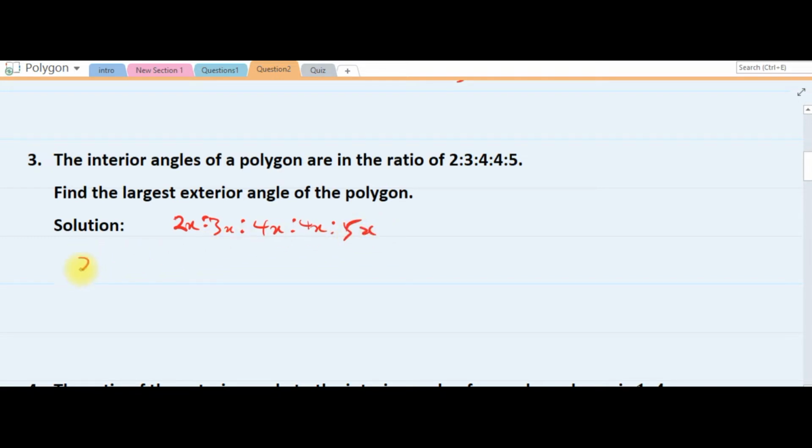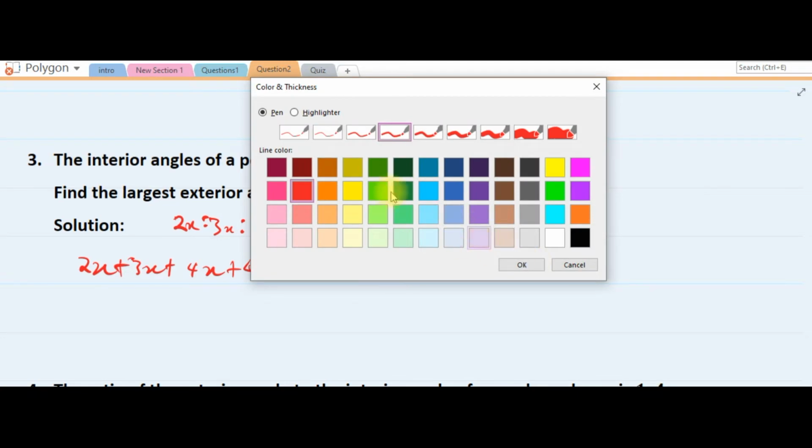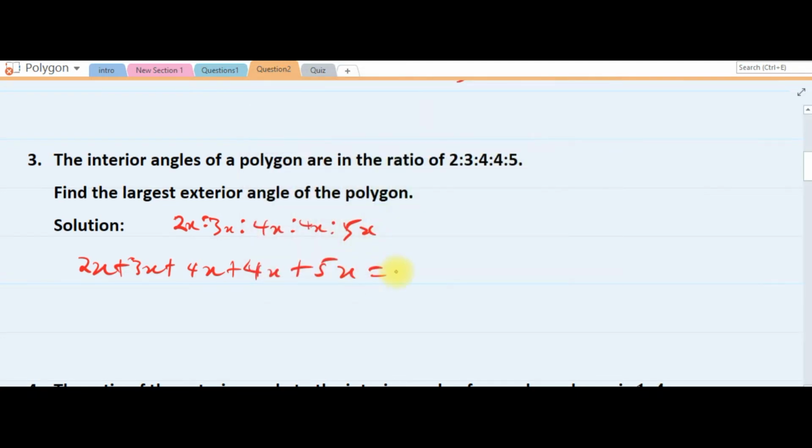So we know that if you sum the interior angles, it should be (n minus 2) times 180, which is (4 minus 2) times 180. So 2 plus 3 is 5, 5 plus 4 is 9, 9 plus 5 is 14.